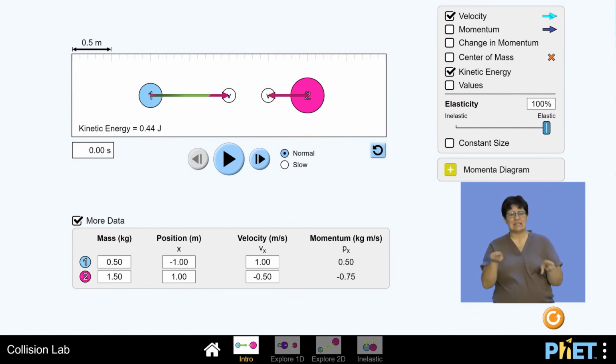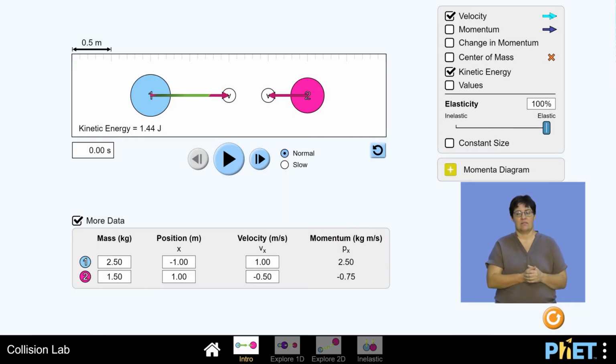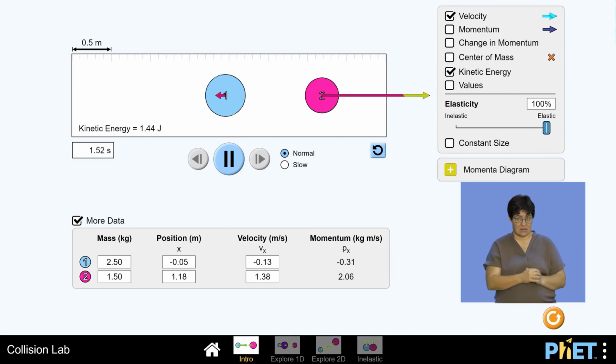So let's reset this. Let's make the mass of my first object a bit bigger. I've made it 2. Look what happened to the total kinetic energy. It's now gone to 1,44. I've still got it as an elastic collision. Let's let them, oh, look at that.